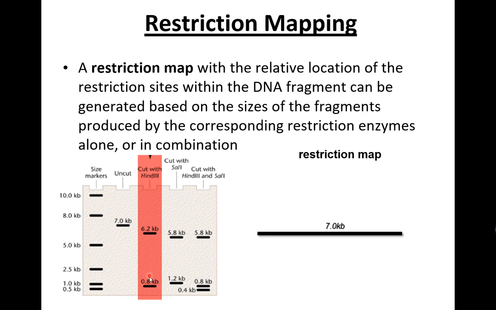Obviously, the sum of the two gives you the total length of this fragment. What this is telling us is that HIM3 must be cutting 800 base pairs from either end, either from this end, as you can see in this example, so it would be cutting right here.